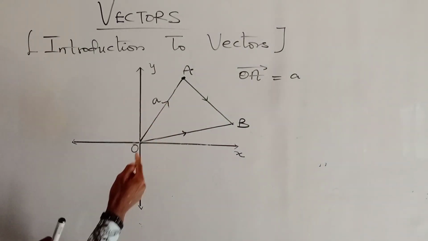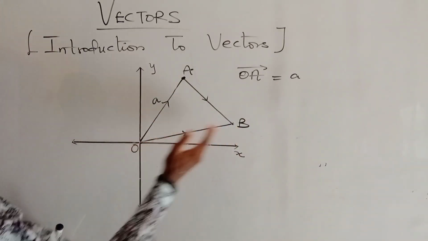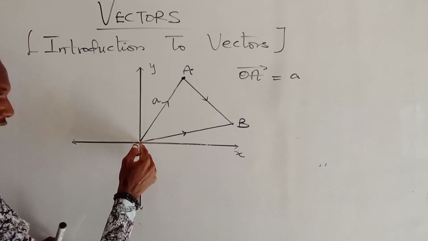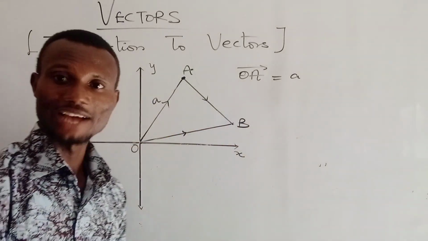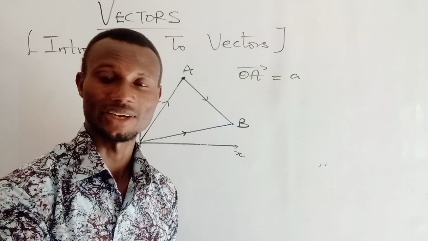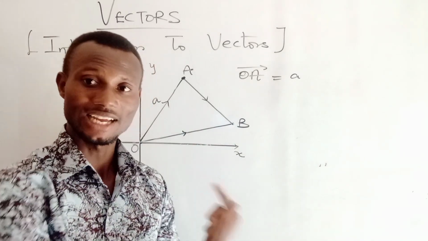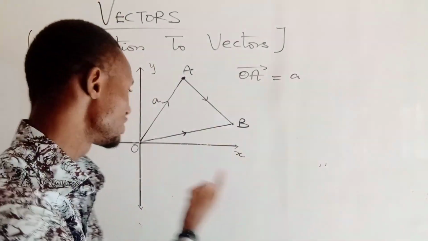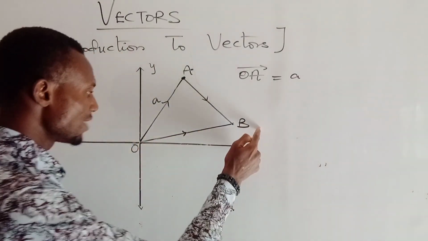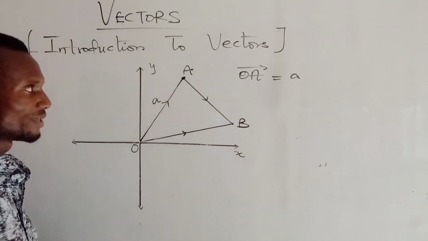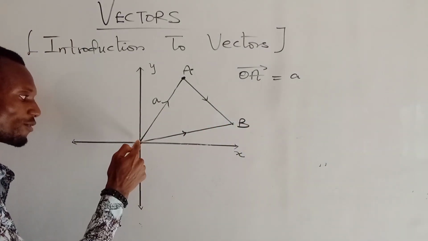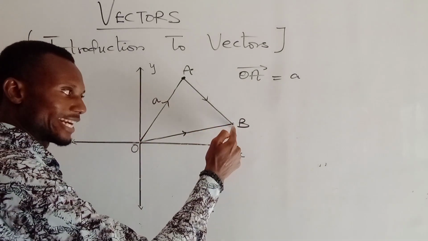Now we have OB. The vector OB moving from the origin, which is O, to B. So that's also a position vector, because it's a vector which starts from the origin. From O to B, and the arrow is pointing towards B, meaning that it's moving from O and it is ending at where?